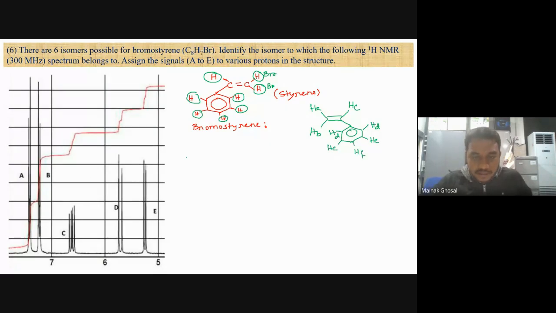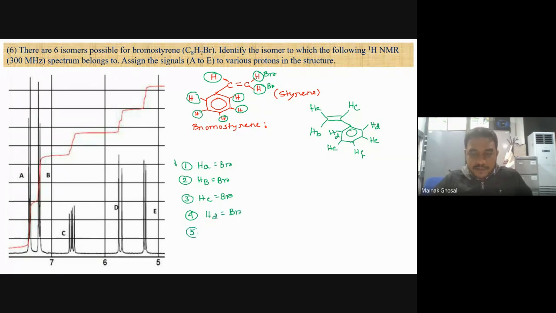Okay, so in the first isomer, HA is replaced by bromine. You see here, HA is replaced by bromine. In the second isomer, HB is replaced by bromine. In the third isomer, HC will be replaced by bromine. Fourth, HD will be replaced by bromine.